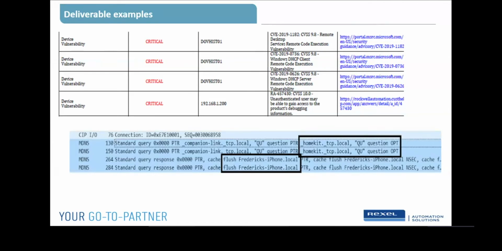And as the screen was scrolling past me, I happened to just look down, and I thought I saw iPhone. And remember, this is on a plant network, an OT network that should only be carrying traffic for controllers and HMIs and drives, VFDs, what have you.